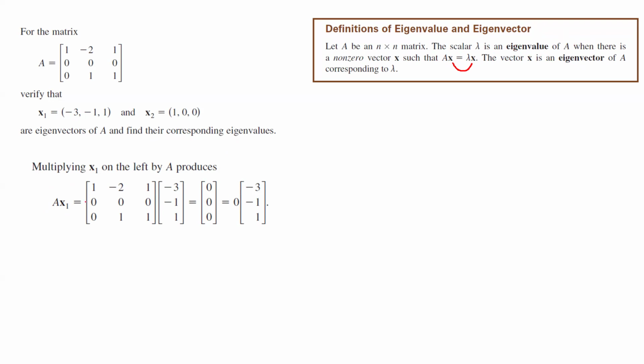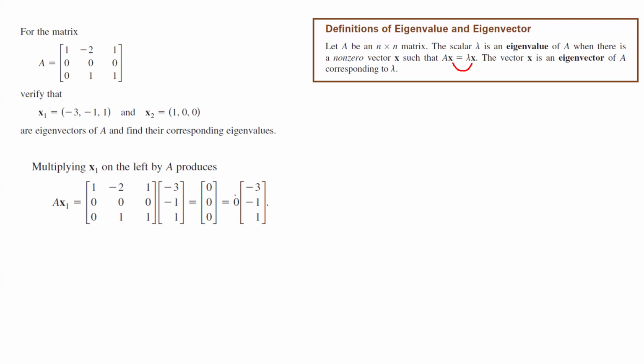So Ax1 is just a multiplication of the 3 by 3 matrix and this column, which is equal to, well, here you have 1 times negative 3 plus negative 2 times negative 1 plus 1, which is equal to 0. The second value is also 0. The last row multiplied here also becomes 0.